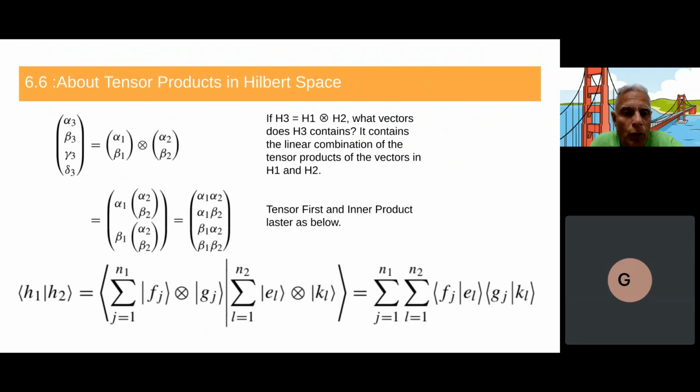And so this can also be done. This tensor product, when you do it in Hilbert space, is what we have done already. And this can be done mathematically. That mathematical tensor product is like an inner product.